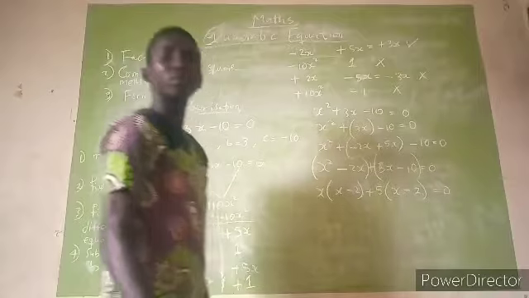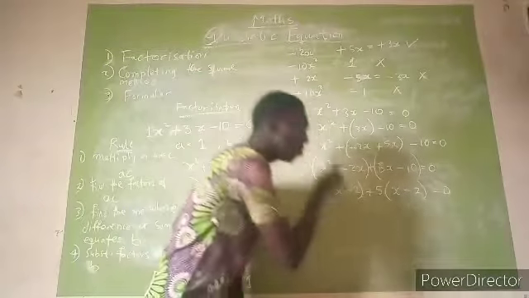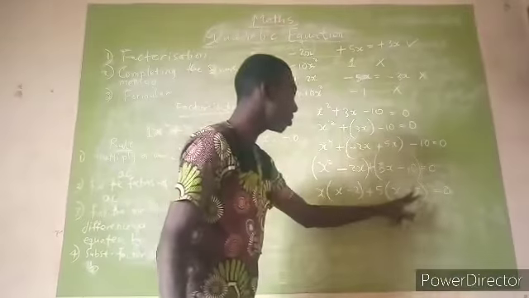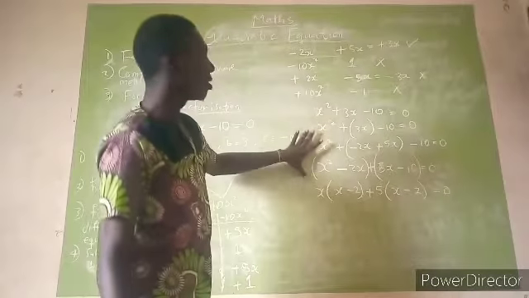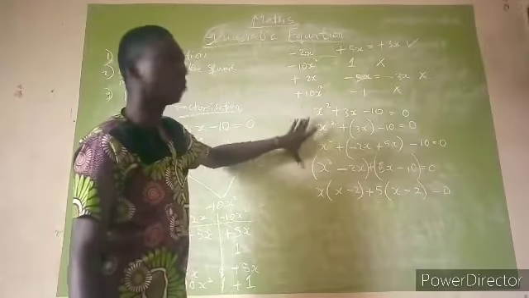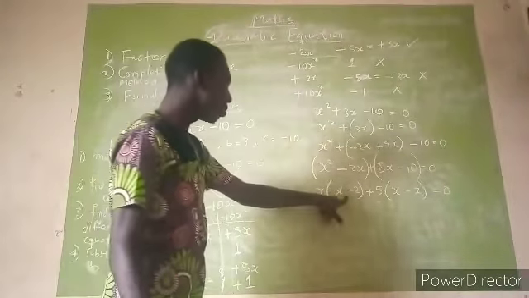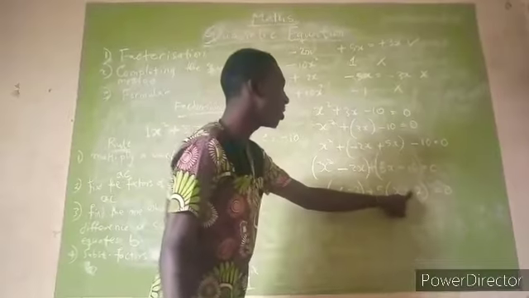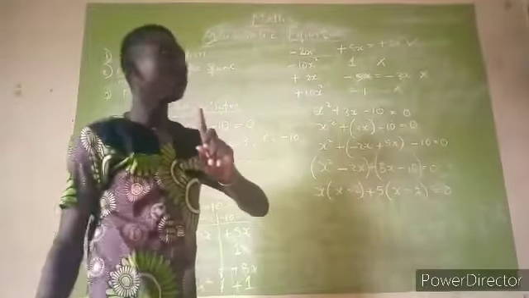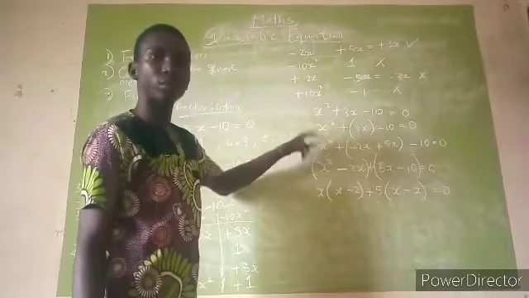And whatever you have in this bracket must be equal to whatever you have in this bracket. Once you find out what you have here is not equal to what you have here, then your mistake is within this place. So you have to check this. If I have x minus 2 here and x plus 2 here, I'm not correct. I need to check.